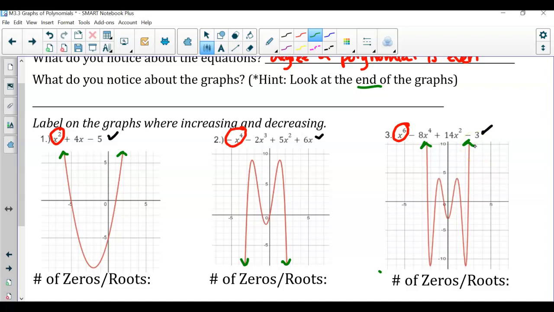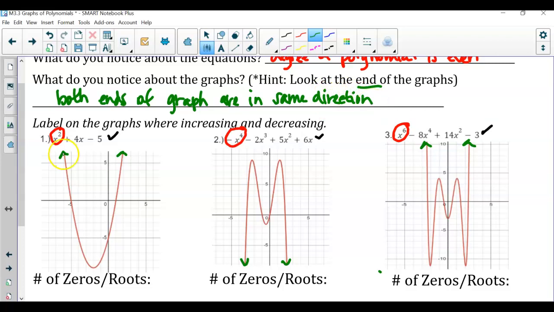Notice how both ends go in the same direction. Both ends of the graph of our even functions go in the same direction, whether it's towards positive infinity or negative infinity.